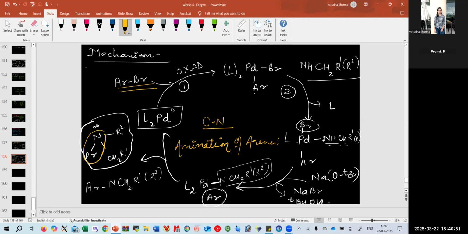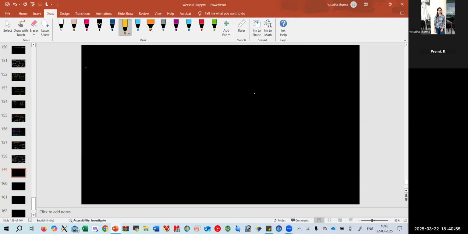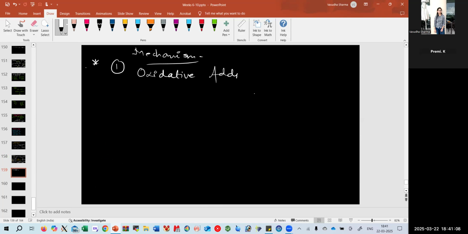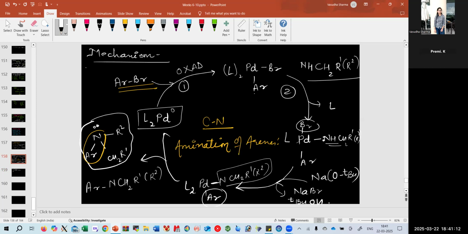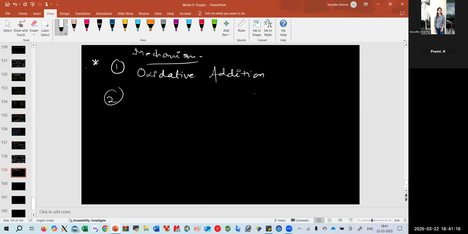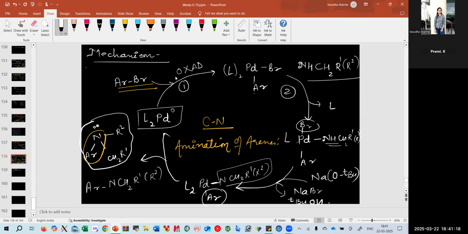So moving ahead, what are the steps that we have seen here? The first step that happens in this mechanism is the oxidative addition of the aryl bromide. So oxidative addition. The second, as I mentioned, is that the amine was just coordinating with its lone pair.